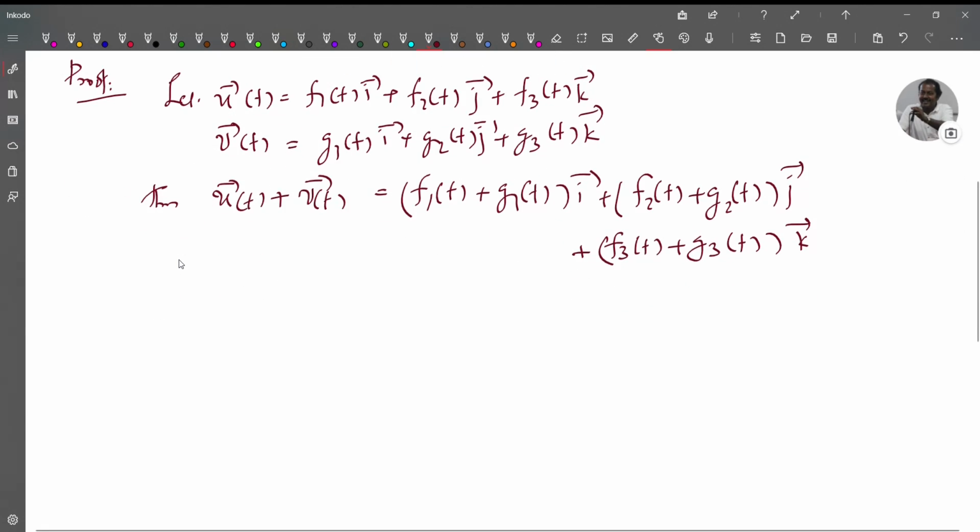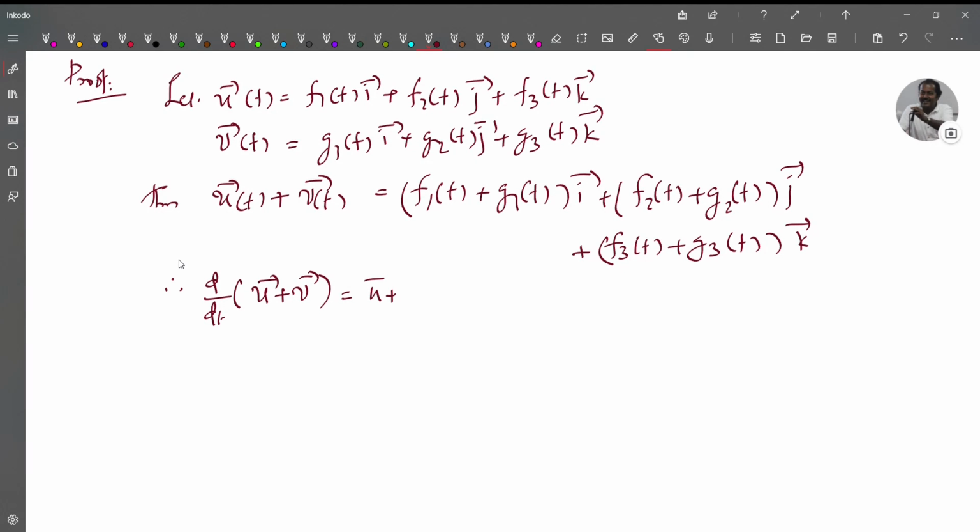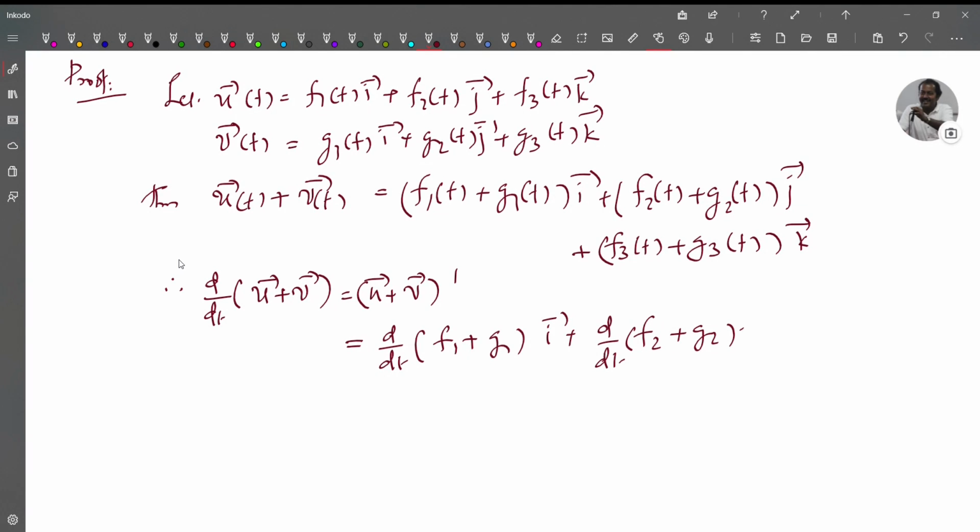Therefore, d by dt of u plus v, we can write it as u plus v the whole prime. This is equal to d by dt of f1 plus g1 i plus d by dt of f2 plus g2 j plus d by dt of f3 plus g3 k.